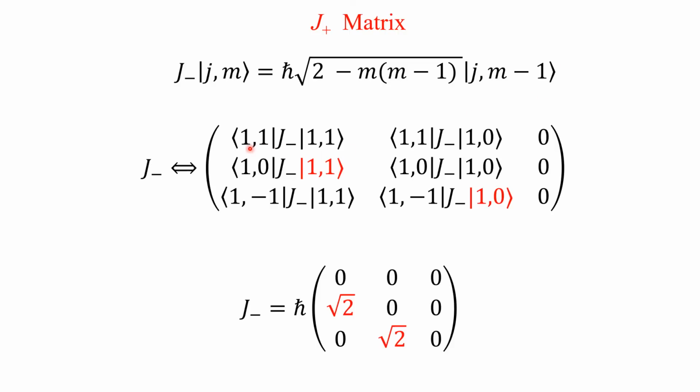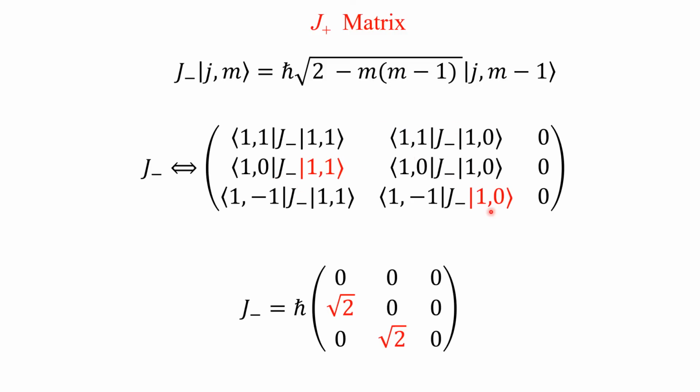Now you see this element. What will happen to this? m is 1, 1 becomes 0. Here it is 1 1, here 1 1, 1 0. So naturally by the orthonormal property, this will become 0. Similarly, what about this? This m 0 will become minus 1. Here 1 1, here 1 minus 1. This also will become 0 due to the orthonormal property.